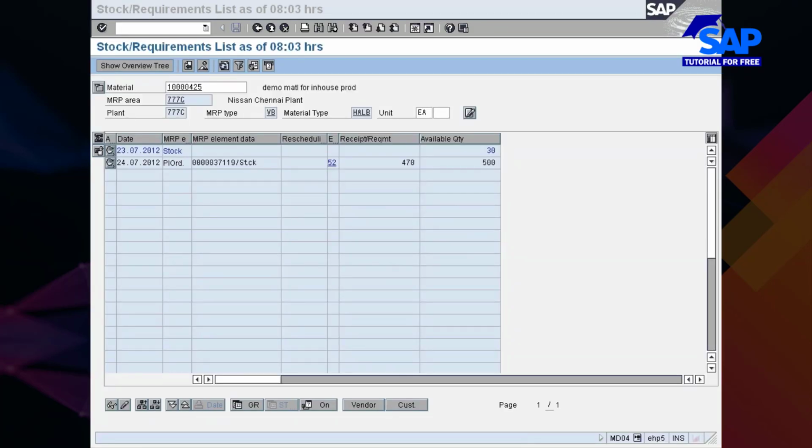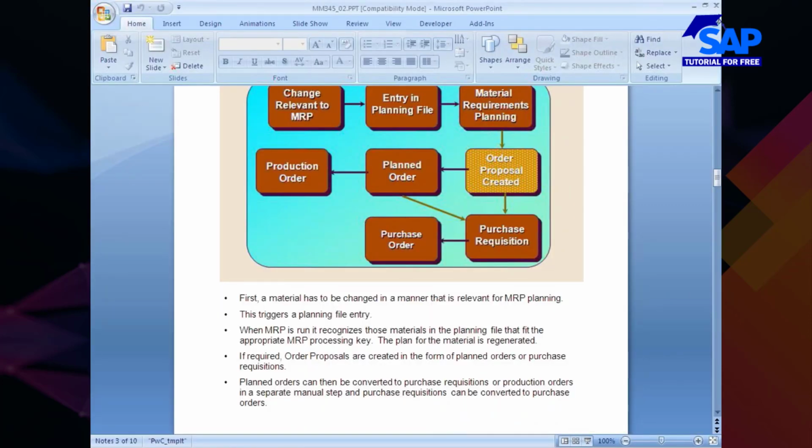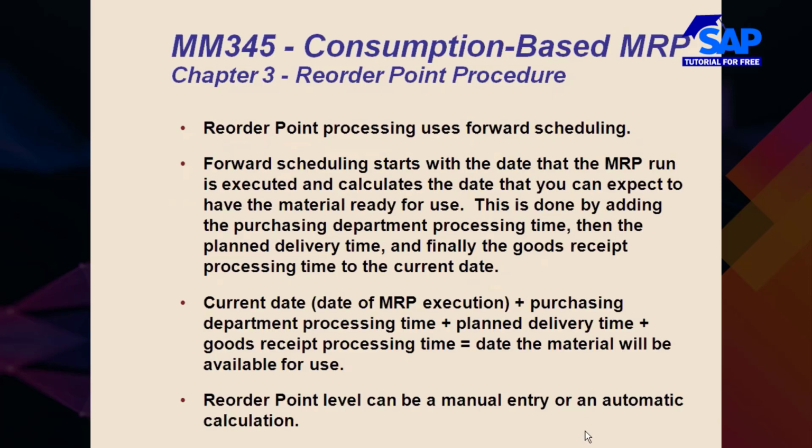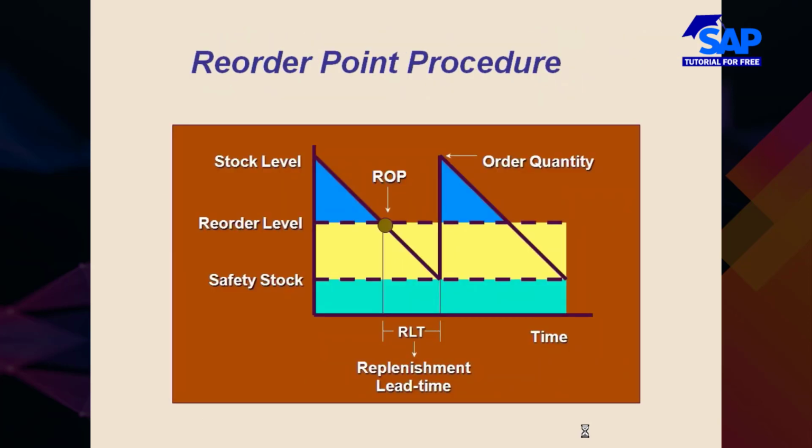Okay, so let me stop it here, because the system is very slow, so I would not be able to show you too much, but still we have covered the demo part of the external procurement. This already we have seen yesterday. Maximum stock level, reorder point level, safety stock level.